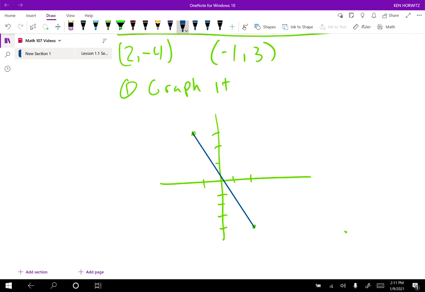So the first thing we need is our horizontal distance. And if I'm going from 3 to -1, I'm looking at 4 units of distance. Now I need my vertical distance.